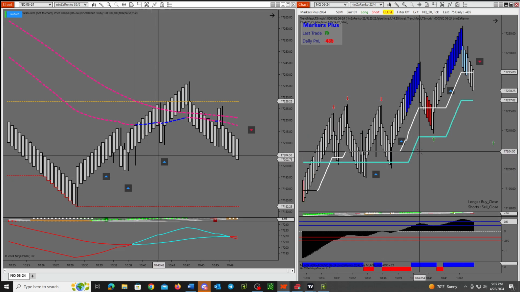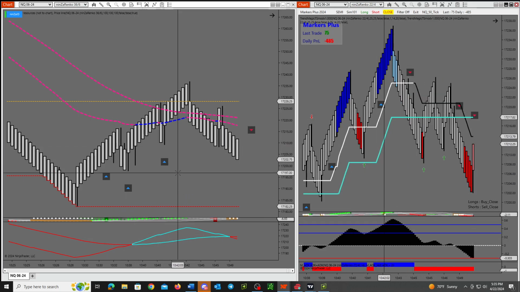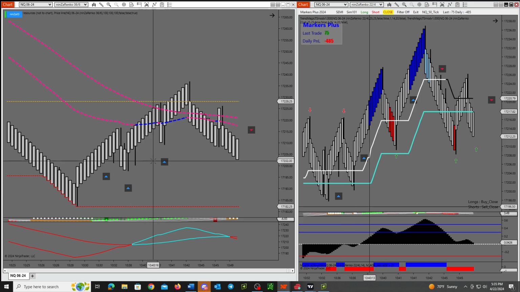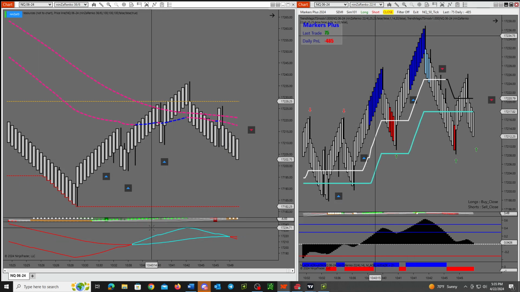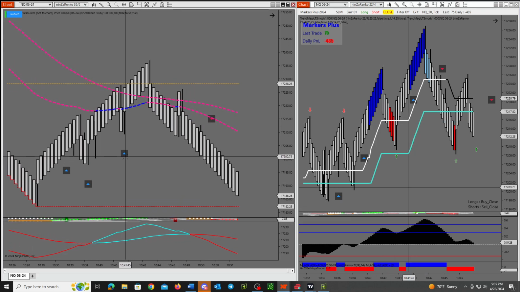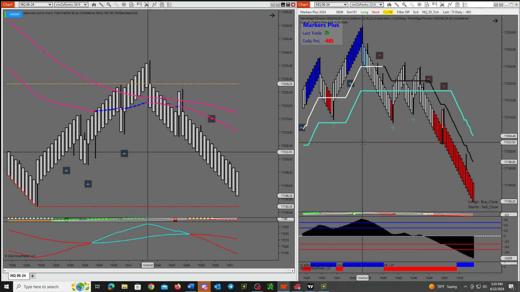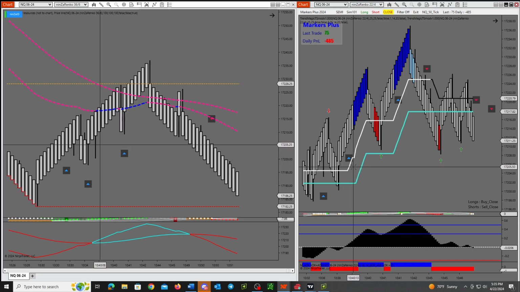All right, as we move forward, so now we've got on the higher time frame here up triangles and a bullish short-term BLT trigger line. All right, so 2 of the 3 over here. So let's see what that looks like. So now we've got full-on 3 of 3.